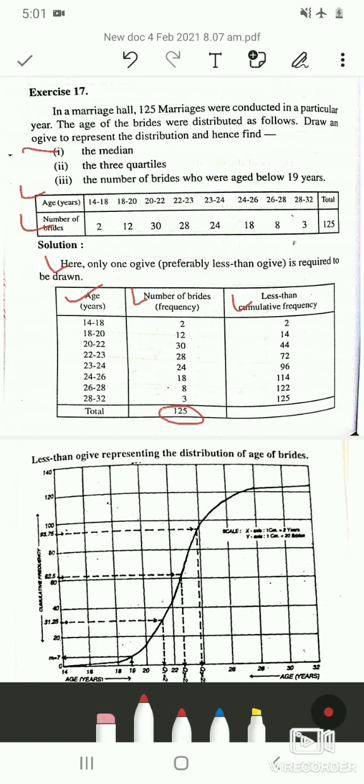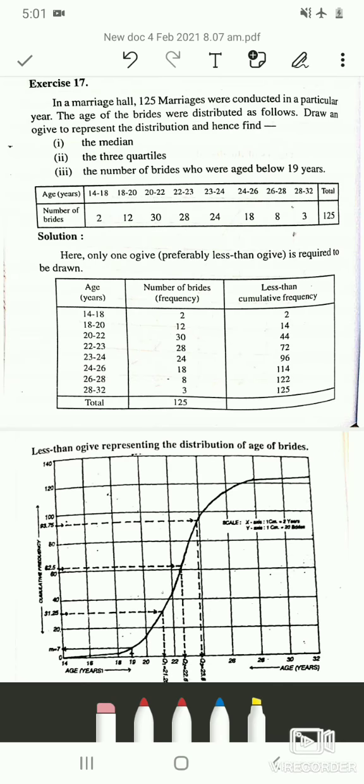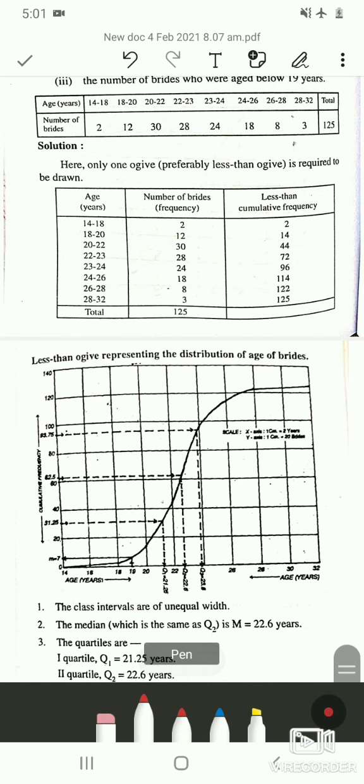The total is 125, and the last value should be 125. Once you get the less than frequency, we can plot the ogive. For a less than ogive, we plot for the upper limits of the class intervals. So here the upper limits are from 18 till 32, and 32 is the last value.